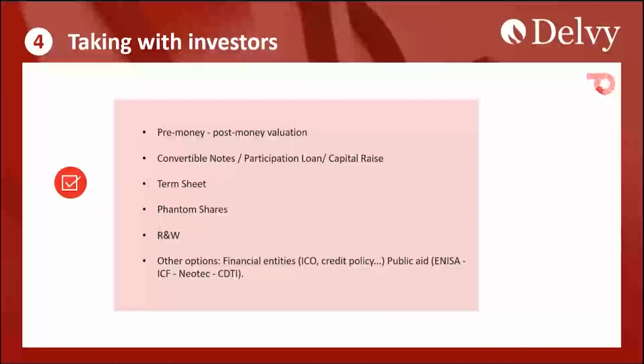As we mentioned before, there will be a term sheet if we are talking with VCs about what will be the terms and conditions of their investment in the company. Once we sign this term sheet, usually there's a process in which the VC will make a due diligence of the company. It will make a tax, labor, legal, and financial due diligence.